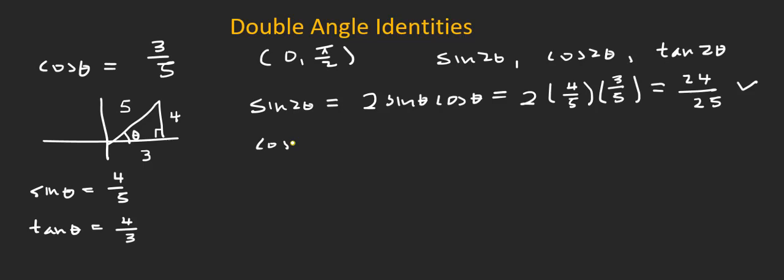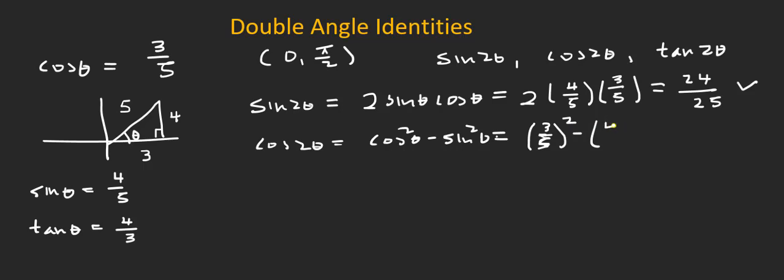What about cosine 2 theta? Well, for cosine 2 theta, you have 3 options. So I'm just going to choose cosine squared theta minus sine squared theta. But if you want, you could choose any of the 3 options. So now you get quantity 3 over 5 squared minus quantity 4 over 5 squared.